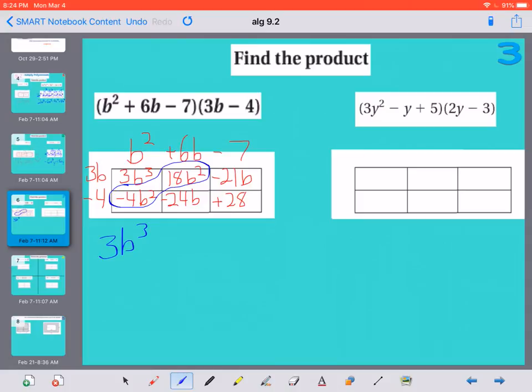Negative 4 plus 18 is going to give me a positive 14b squared. Then negative 24b and negative 21b can combine to give us a negative 45b. And then we just have that 28 left over.